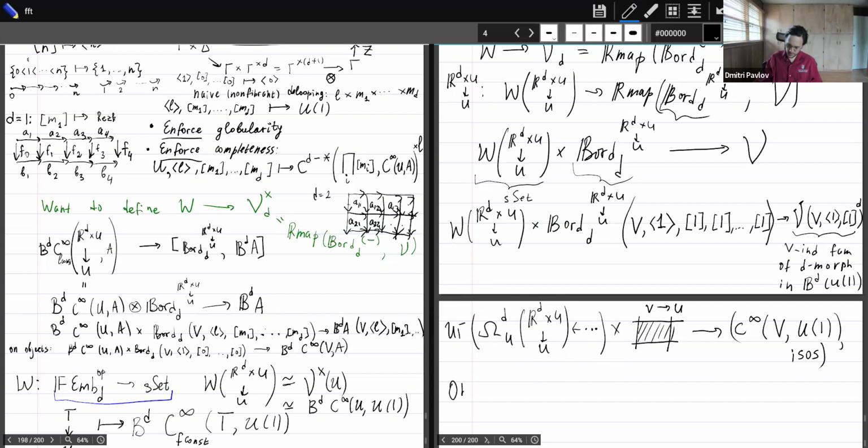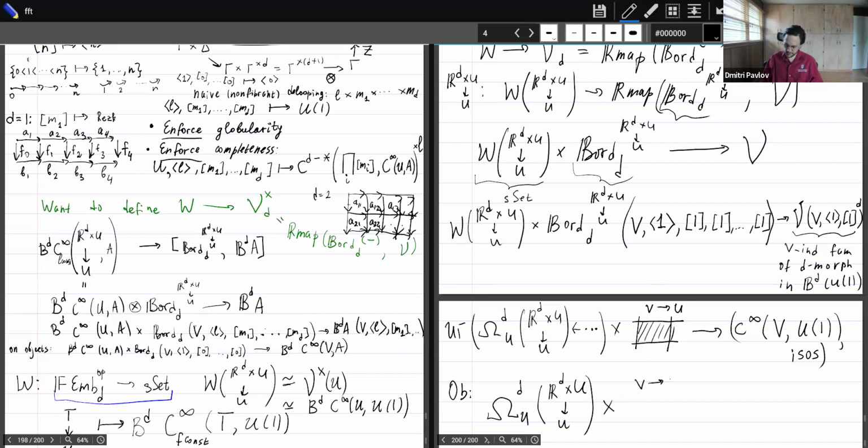So on objects, I take a fiber-wise D form omega, and here I take an object here, which is, well, basically the same picture.